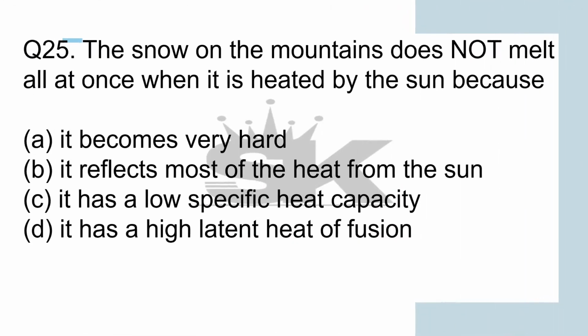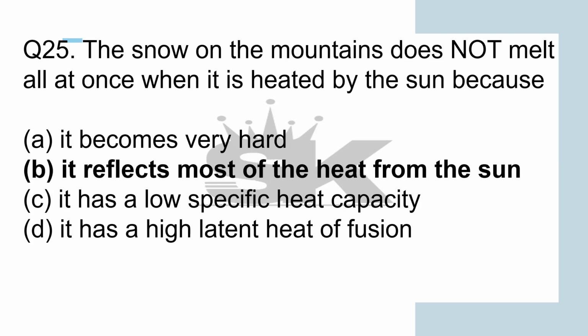The snow on the mountains does not melt all at once when it is heated by the sun. What is the reason behind it? Answer is it reflects most of the heat from the sun. Newly formed snow reflects about 90% of the sunlight that falls upon it. This means that the sun is powerless to melt clean snow.